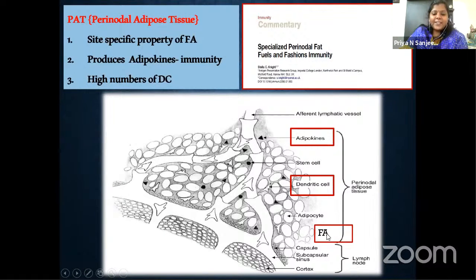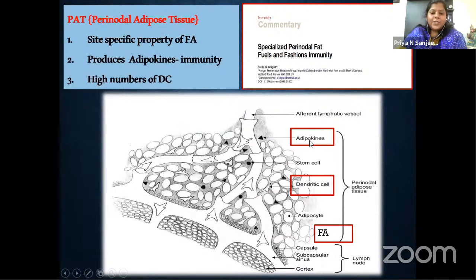One is fatty acids, which are produced by the adipocytes, the dendritic cells, and the adipokines. So perinodal adipose tissue has the site-specific property of having a huge amount of unsaturated fatty acids, which help in immunity. And the adipocytes release cytokines in the form of adipokines.